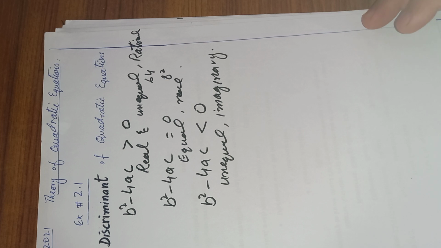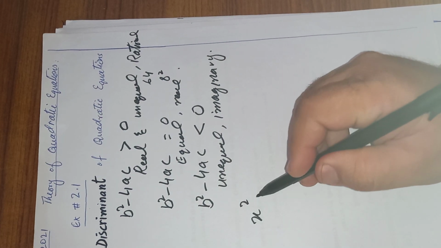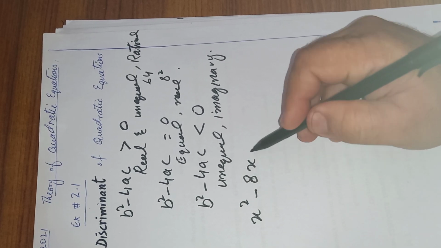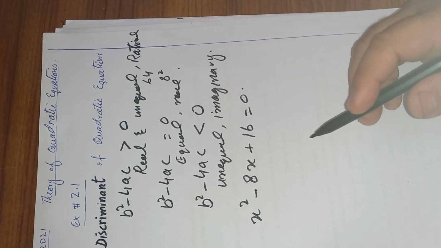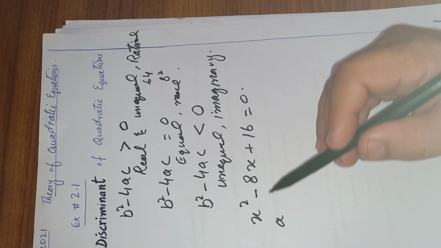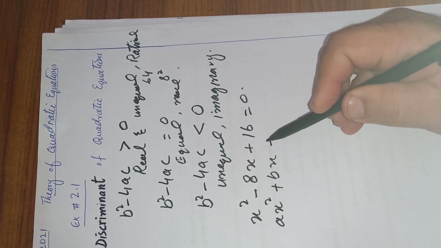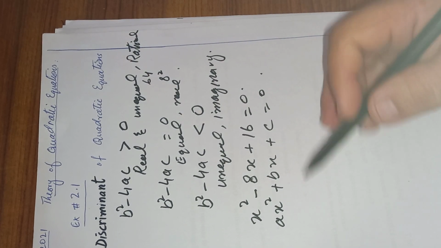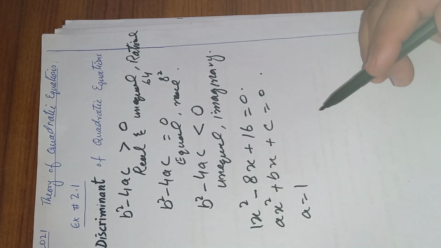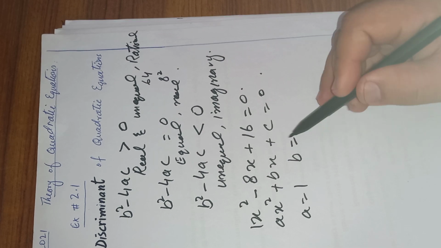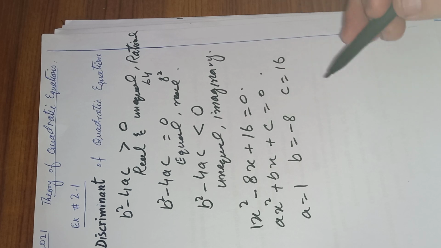For example, if we are given a quadratic equation as x square minus 8x plus 16 equal to 0, we compare it with the general format of the quadratic equation ax square plus bx plus c equal to 0. On comparing, we get a equals 1, b equals minus 8, and c equals 16.